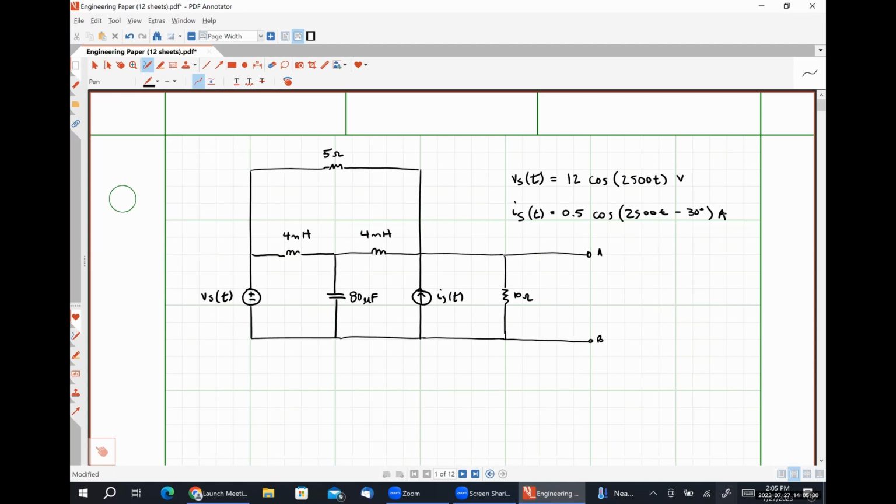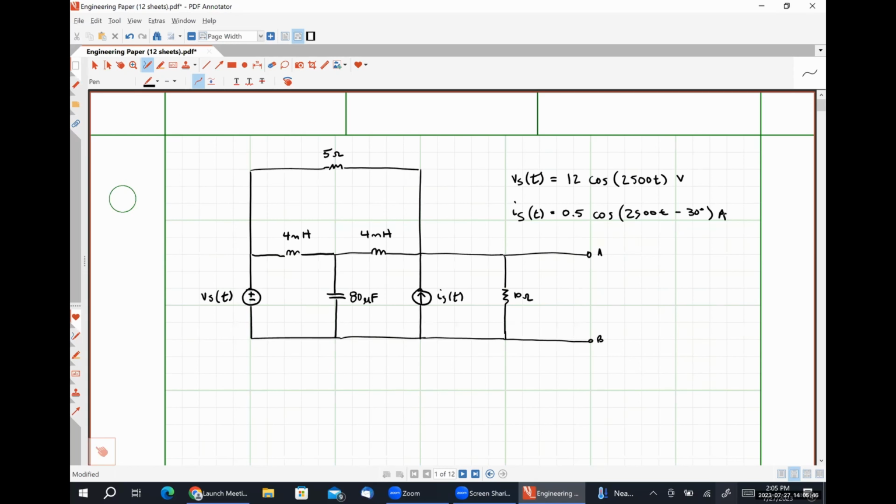So much like any other problem where we have sinusoidal excitation, meaning our sources are sinusoidal signals, we need to convert this circuit into the frequency domain in order to do any analysis.